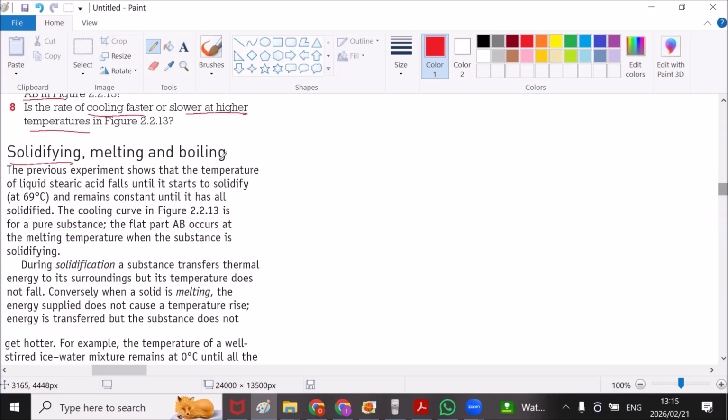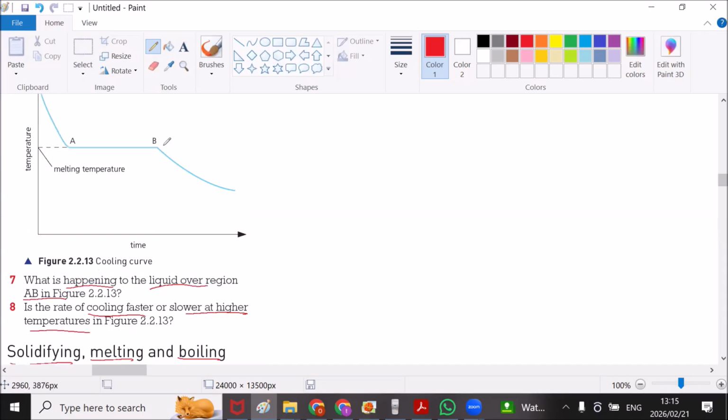Solidifying, melting, and boiling. The previous experiment shows that the temperature of liquid stearic acid falls until it starts to solidify at 69 degrees Celsius and remains constant until it has all solidified, which is shown by the straight line AB.